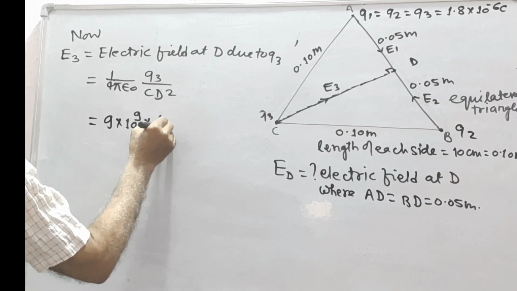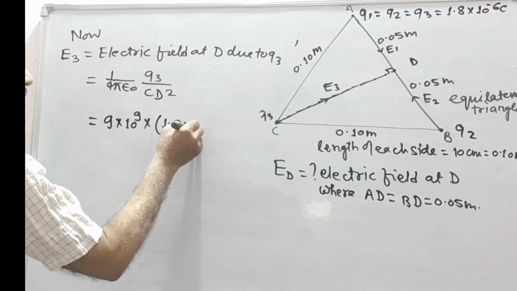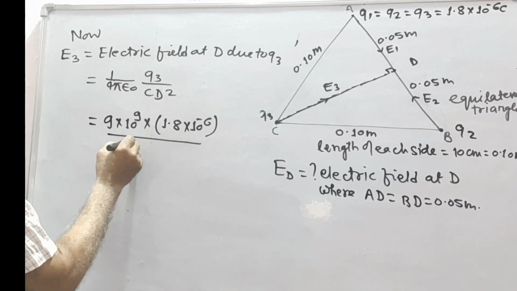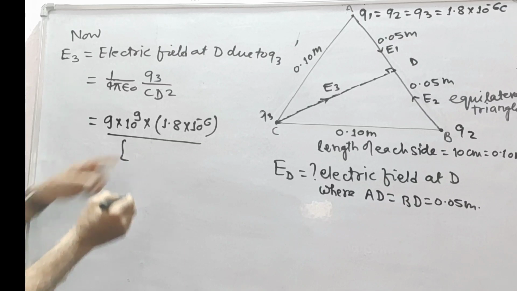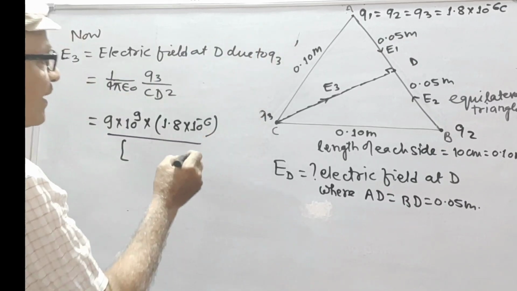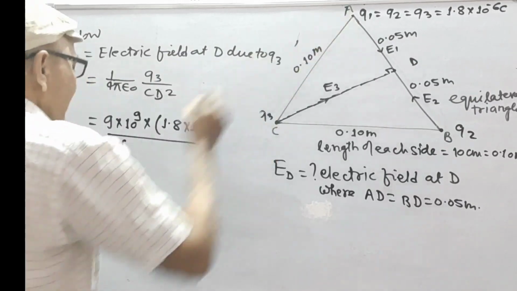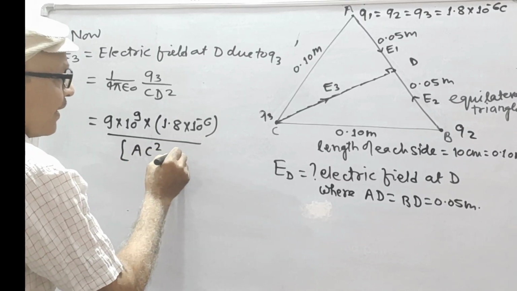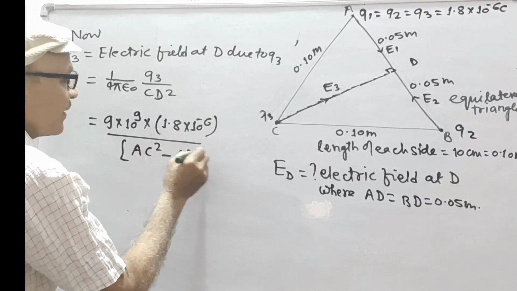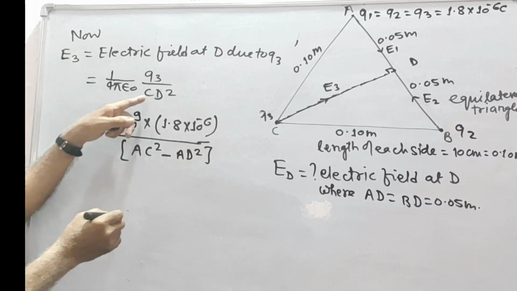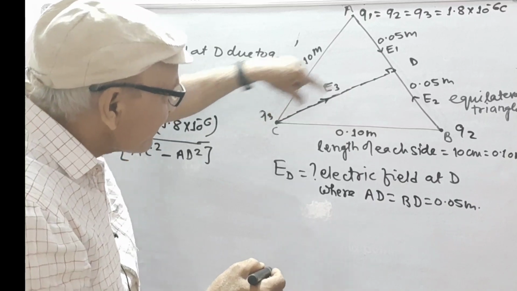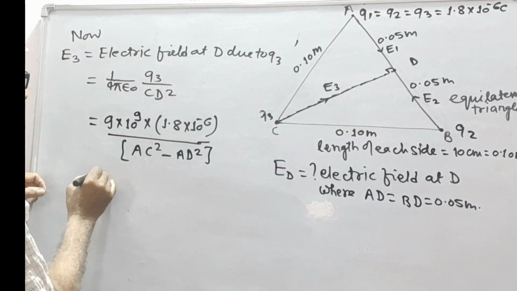Q3 is 1.8 into 10 to minus 6 upon CD square, which can be replaced by AC square minus AD square, because AC square is equal to AD square plus CD square.